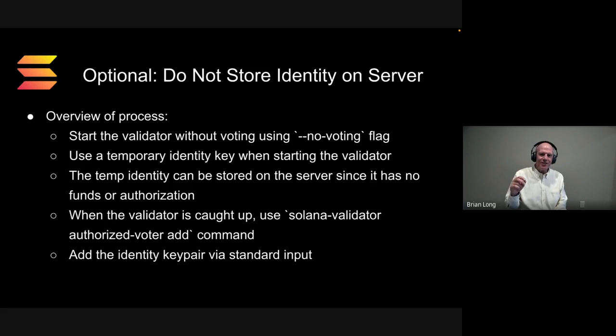Basically, it's ready, but it's broken. And there's a bunch of errors that get written to the log. We just kind of ignore those. And then when you do the authorized voter and the set identity commands, it just magically works at that point.